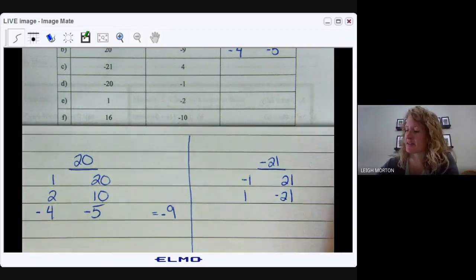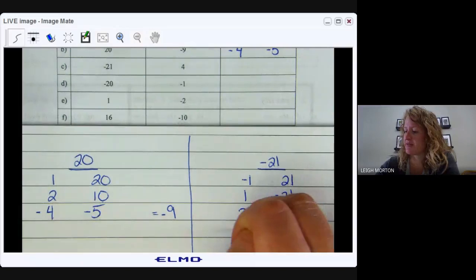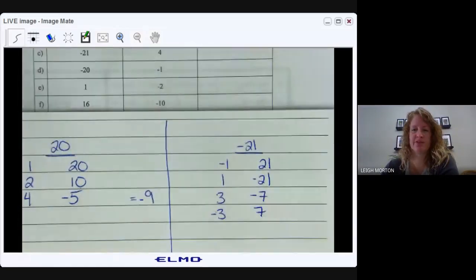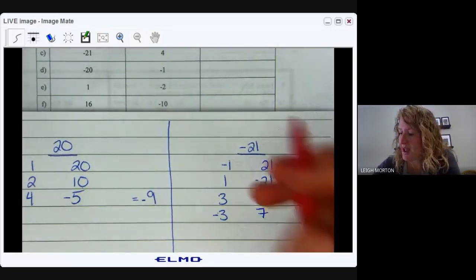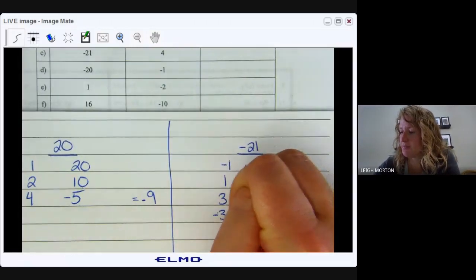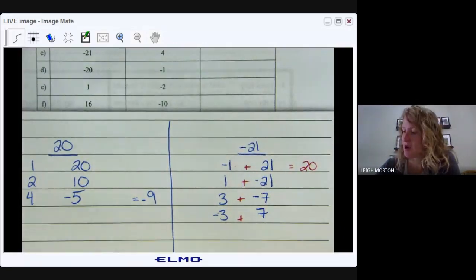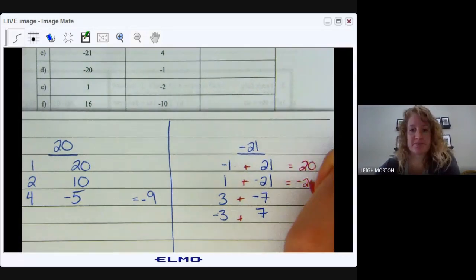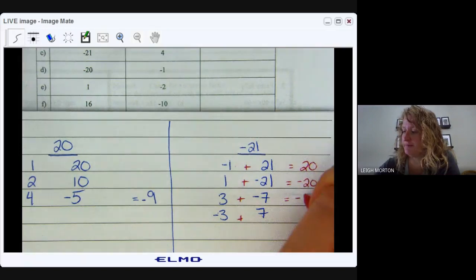Okay, 2 is not a factor. I could have 3 times negative 7 or negative 3 times positive 7. 4, 5, 6. That's all my factors for negative 21. So now when I add them together, let's see what I get for each of these factor pairs. Negative 1 plus 21 gives me positive 20. 1 plus negative 21 gives me negative 20. 3 plus negative 7 is negative 4.